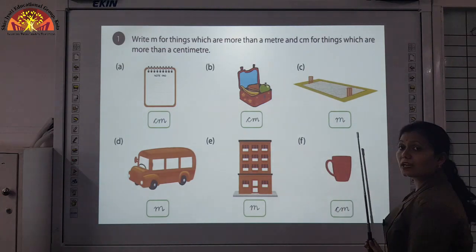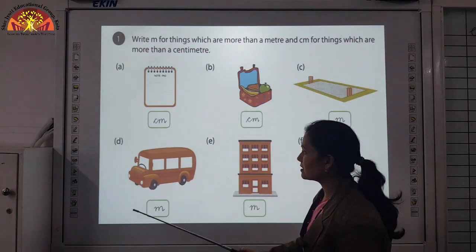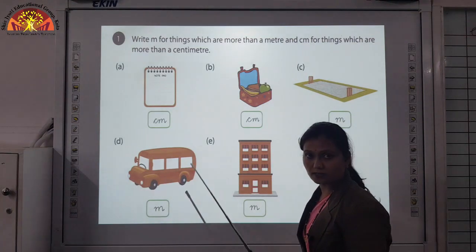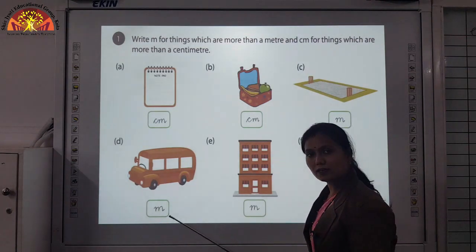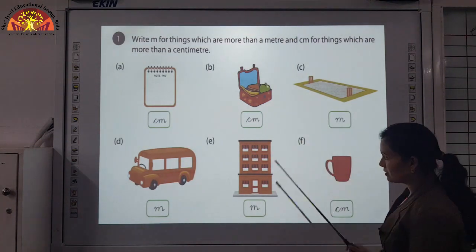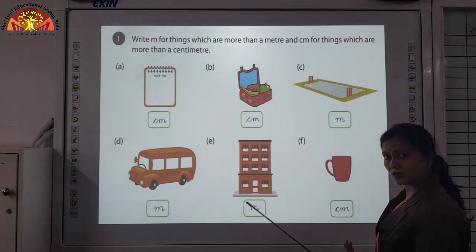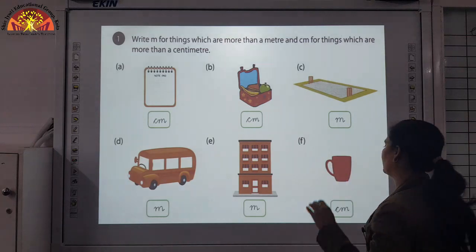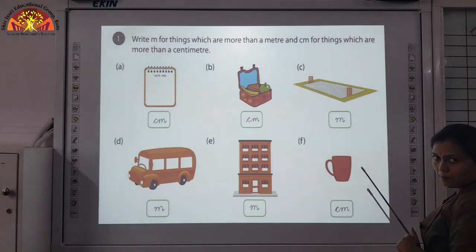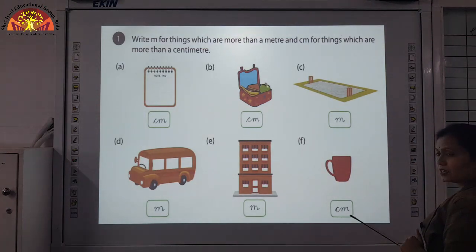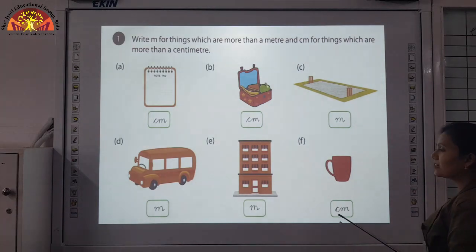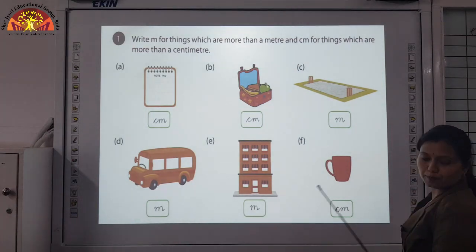So we will write here M. Next, this is a school bus. This will be measured in meter. This is a building. Building is also measured in meter because it also has a long length. Next one, cup. Cup is measured in centimeter. So we will write here cm.